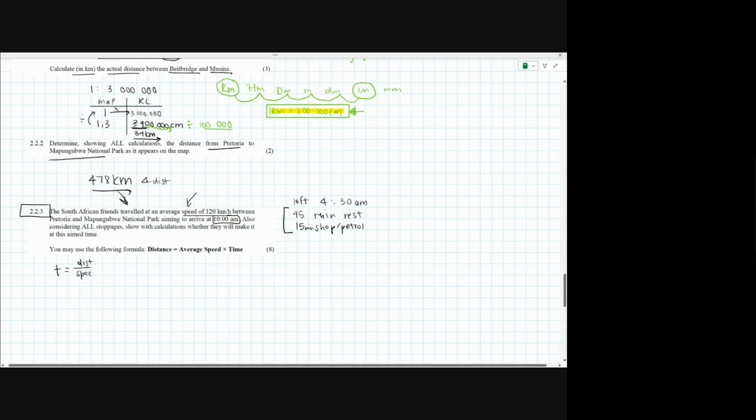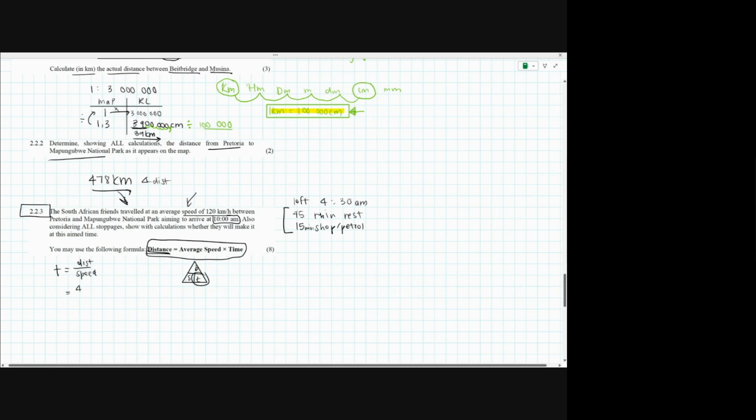Use the triangle. I find the triangle very, very useful for these questions because then you don't actually need to know the formula. It does give you the formula, but this is in terms of distance. So you would have to solve the formula. And this is why I like the triangle. So speed is distance over time. We're looking for time, so it's distance divided by speed.